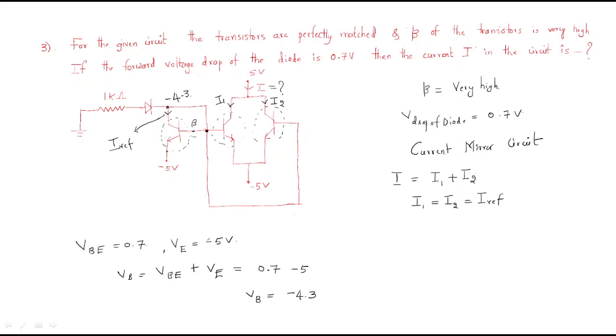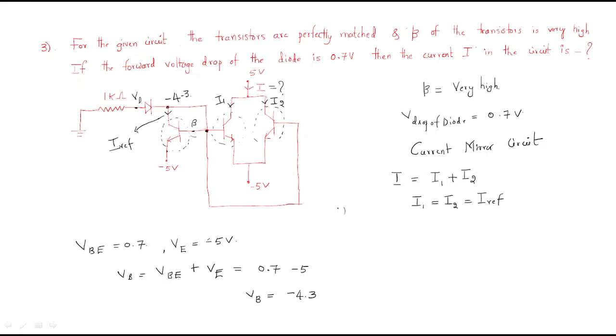From this we need to find this voltage drop, take it as VD. Just look here. I can write VD, which means the drop between this point and this point.